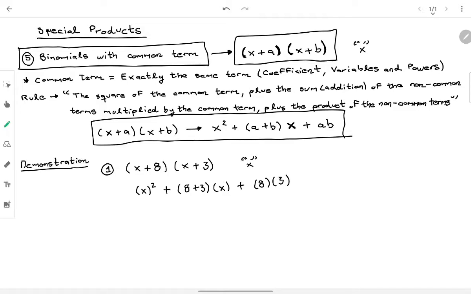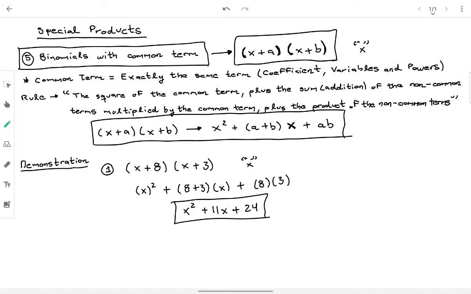So our answer is going to be x squared plus 11x plus 24. And that will be it. It's correctly ordered, so that's our final answer: x squared plus 11x plus 24.